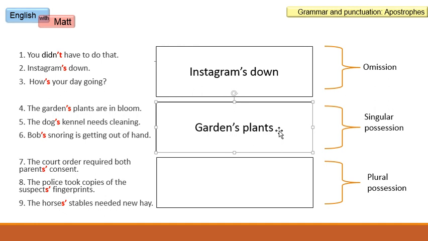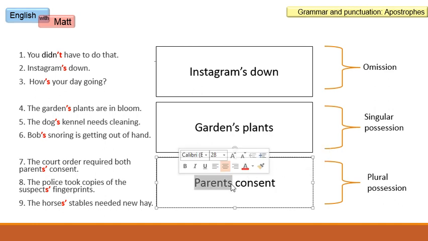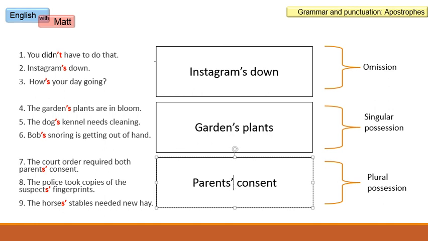Okay. Finally, when we're showing plural possession, these are probably the difficult ones. Because we are talking about more than one parent, we're talking about parents in the plural already, we're talking about the consent that the parents have to give in the court order. So because that consent belongs to both people, both parents, it means that we put the apostrophe here because that consent belongs to more than one person here.